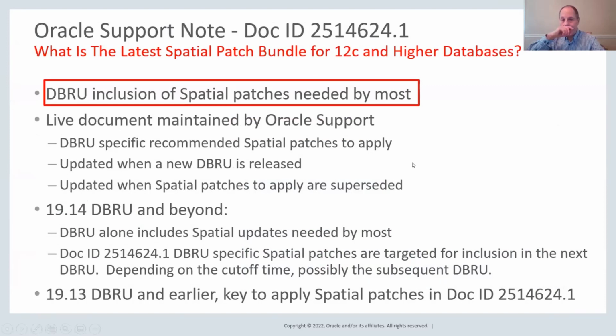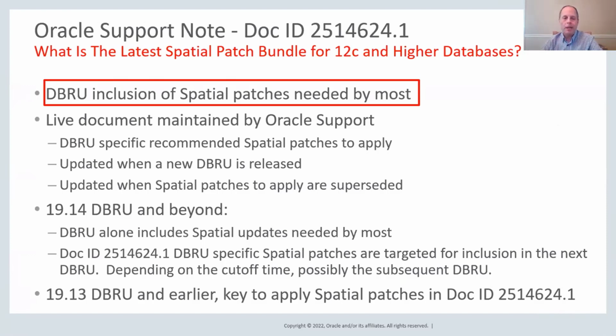This is a very nice support note. So I want to mention it to everybody. It's called Doc ID, and there's that number 2514624.1. And it's all about the direction of Oracle Spatial, which is DBRUs natively have inclusion of spatial patches needed by most.